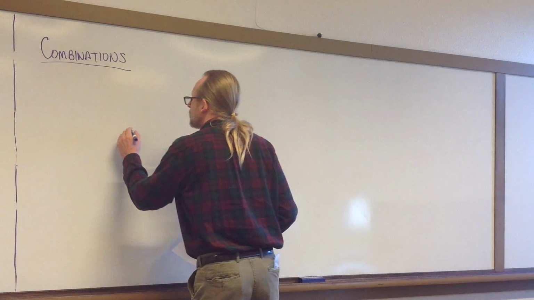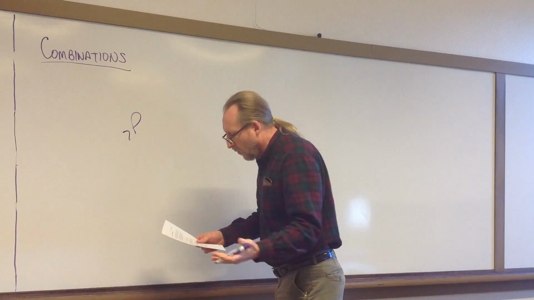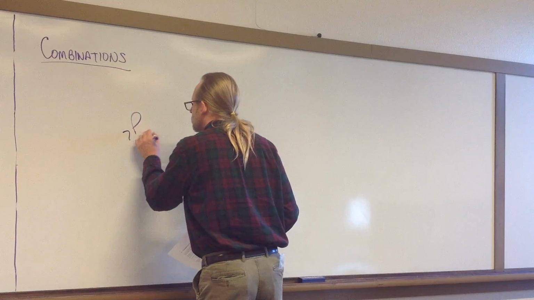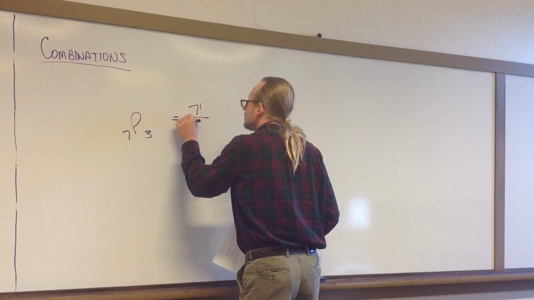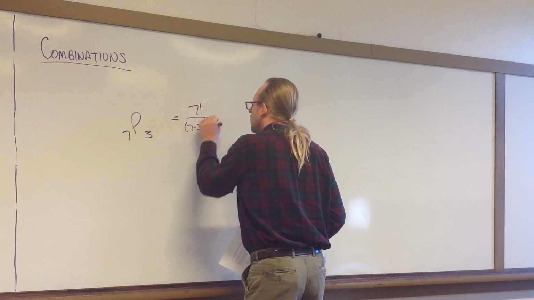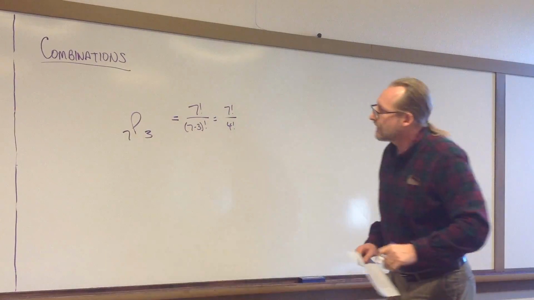So if we're choosing first place, second place, and third place, or president, vice president, and treasurer, then we would have 7P3, which is 7 factorial over 4 factorial. Okay.